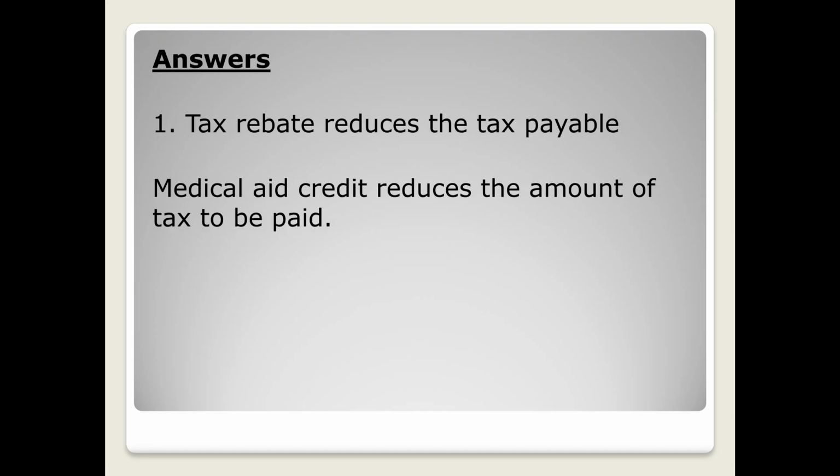So if we're going to answer the first question, explain the impact of tax rebate and medical aid credits on tax payable: the tax rebate reduces the tax payable and the medical aid credits reduce the amount of tax to be paid.